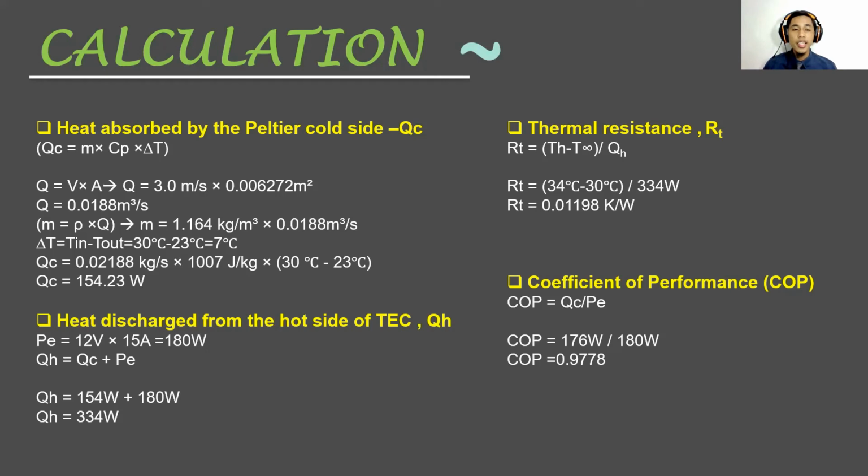This is the important calculation in this project because we want to know the heat absorbed and the heat discharged by the Peltier, from the cold side and the hot side. For the thermal resistance, we calculate from the heat sink resistance. For the coefficient of performance, we can know that this Peltier has the best performance, which is 0.9778.